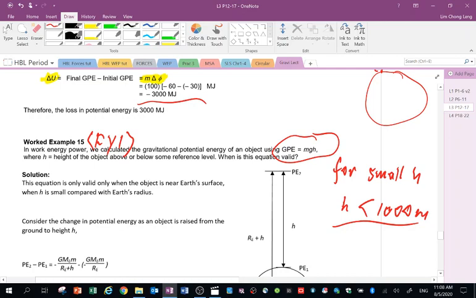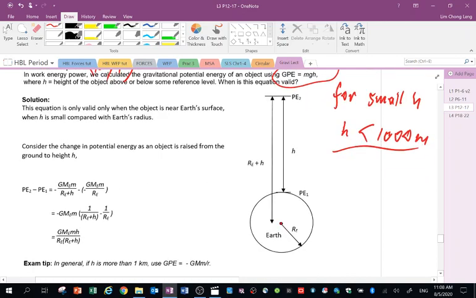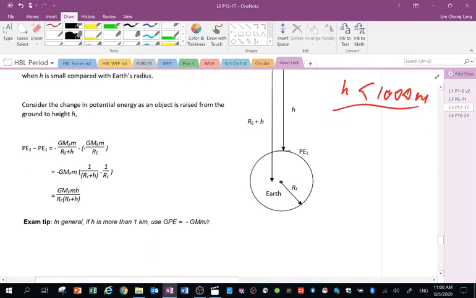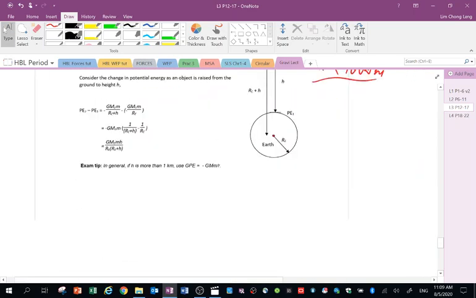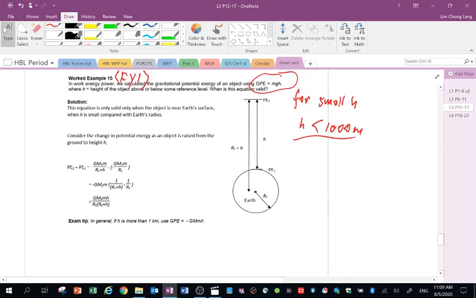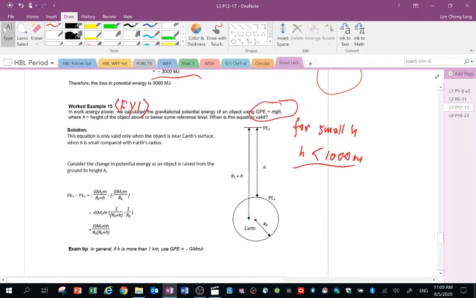So it is just a proof to show you that mgh is only good enough for h values less than 1000 meters. Those of you who are interested in the mathematics, you can look through the working. So work example 15 is just for your information.